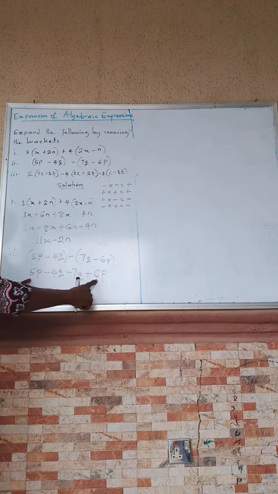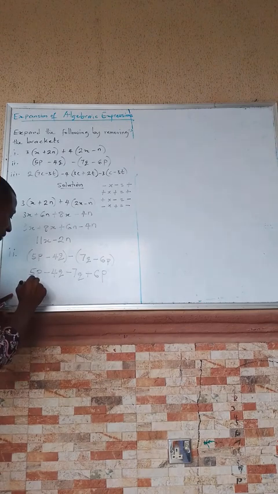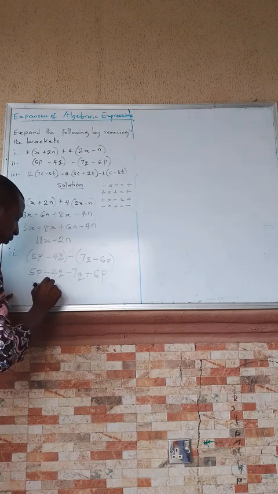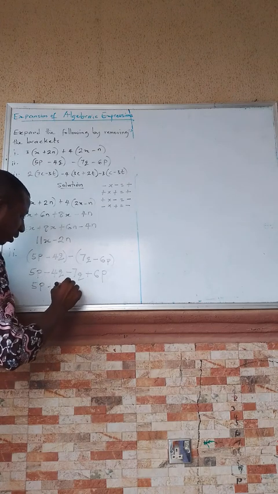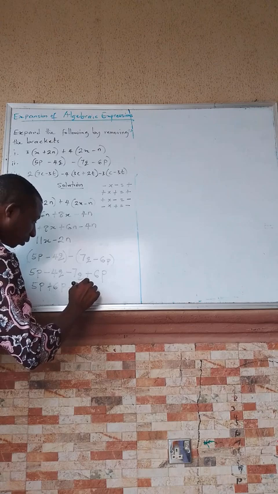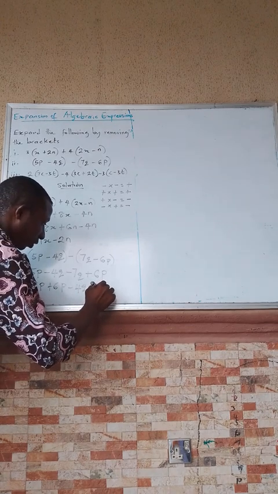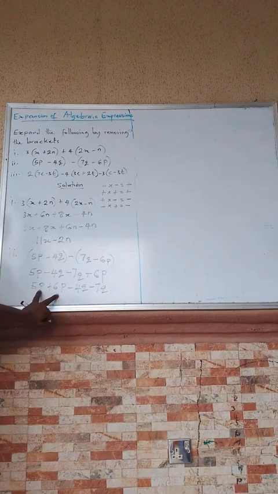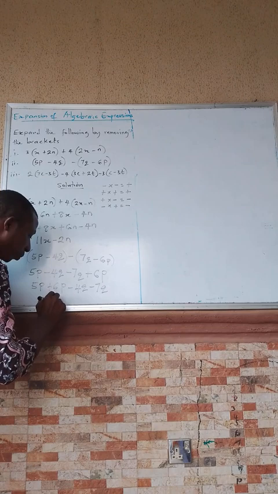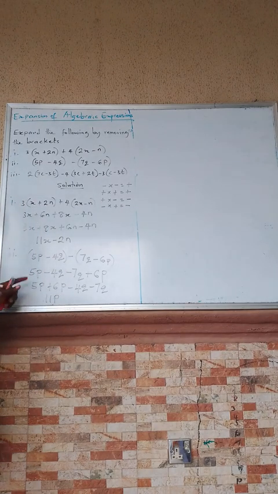And from here you can collect the like terms. So we have 5p plus 6p minus 4q minus 7q. And when you join these two together, that will give you 11p. When you add 5p with 6p, you have 11p.